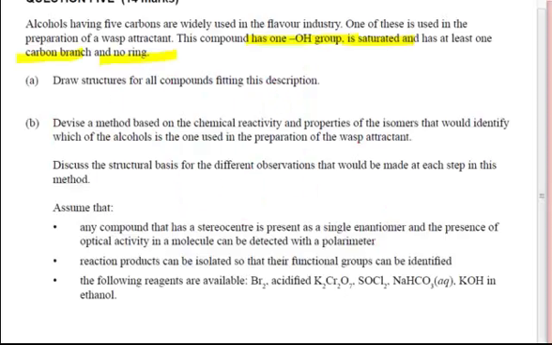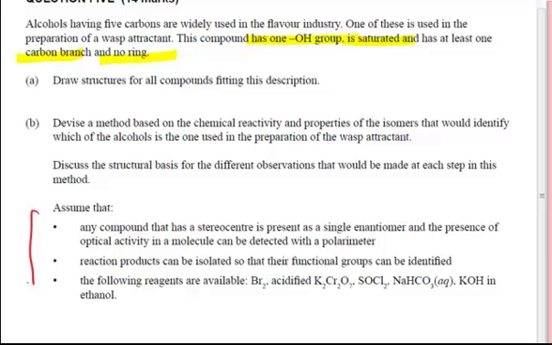Now for the rest of the question, we're being asked to basically tell them apart, making some assumptions in here, that you've got certain reagents, and that once you've perhaps done a reaction which converts it to another product, that is completely different, that we'll be able to isolate that, and that any compound that has an asymmetrical carbon or a stereocenter and it's present as a single enantiomer, so a left or a right or a clockwise or anti-clockwise, can be detected by passing plane polarized light through it.